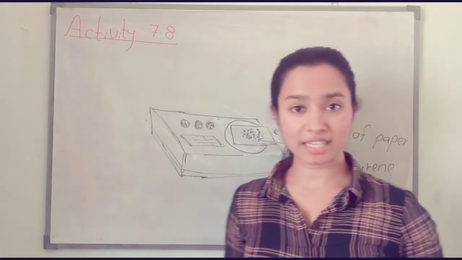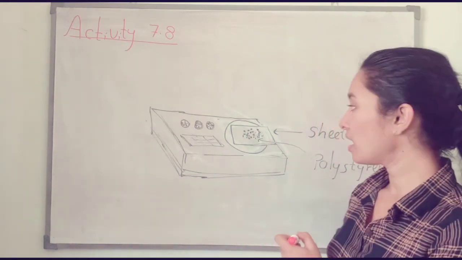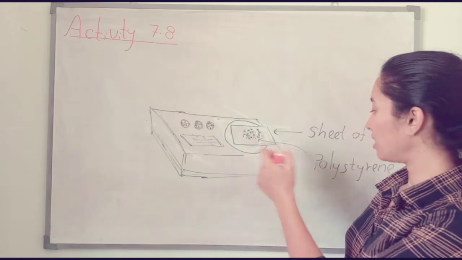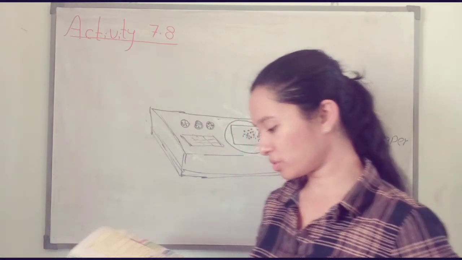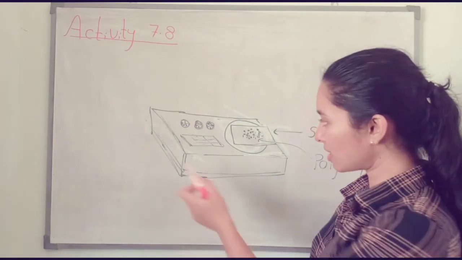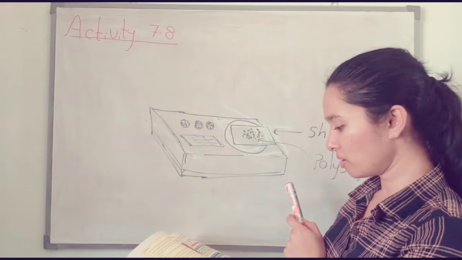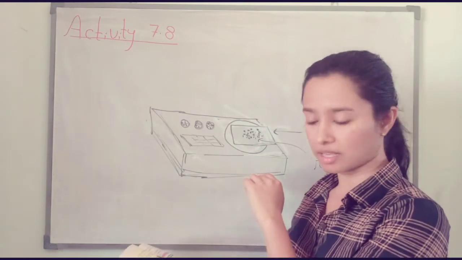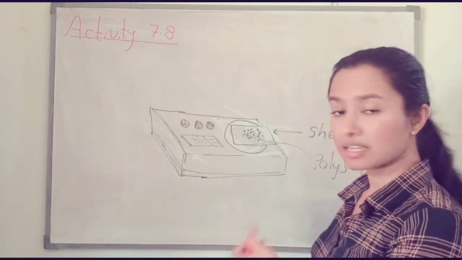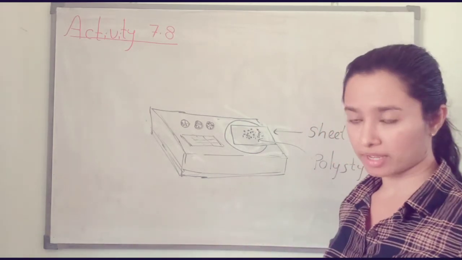Activity 7.8, you need a radio and piece of paper and some polystyrene. So first you have to place the front side of the radio, set upside. Then increase the volume of radio.